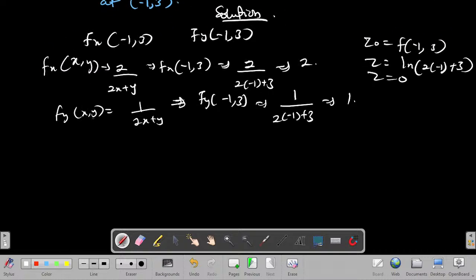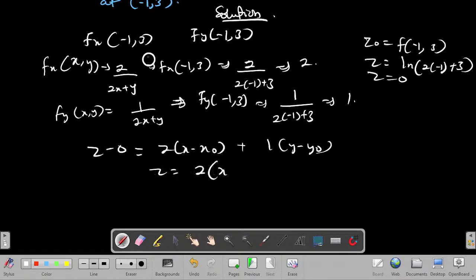Therefore, we have z minus 0 is equal to, we have this one, our fx gives us 2 times open bracket x minus x naught, plus our fy gives us 1 times y minus y naught. Our x naught is negative 1, so x plus 1. y naught is 3, right?